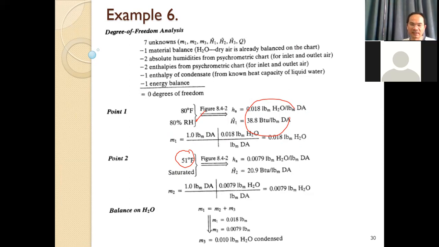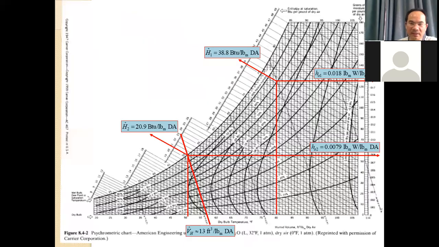Saturated means 100% relative humidity. You can consider this point, this is 51 Fahrenheit on the saturated line. Also, you can calculate the absolute humidity and the enthalpy.